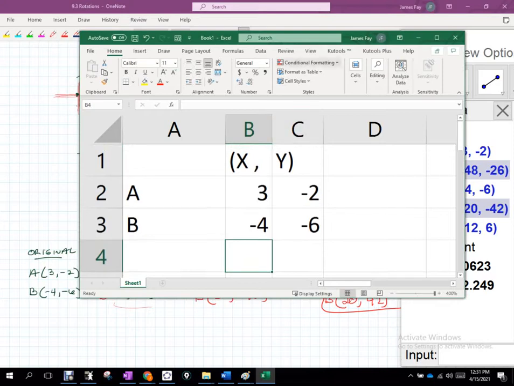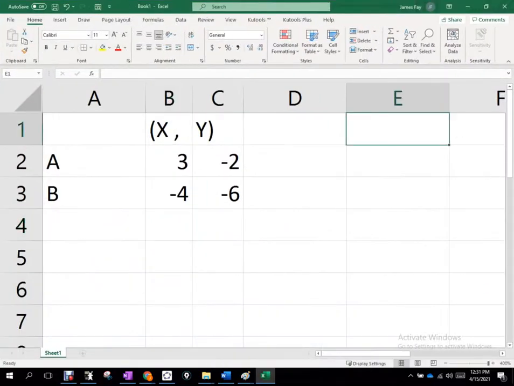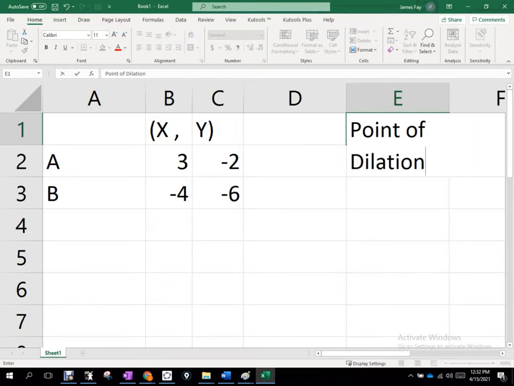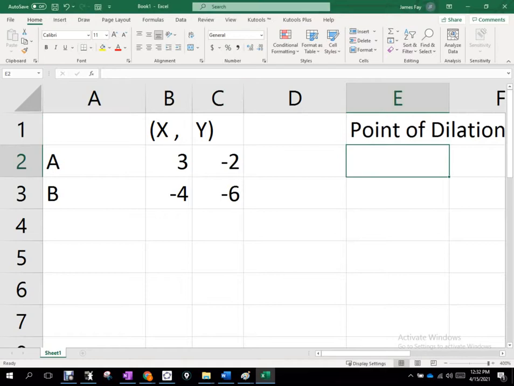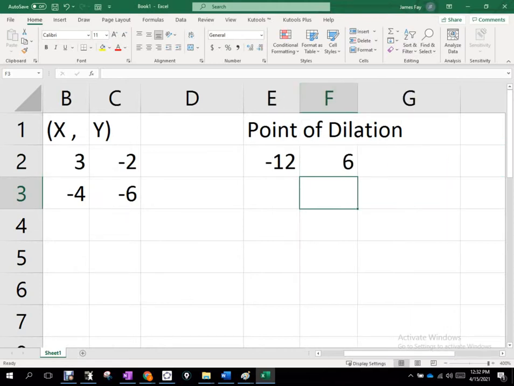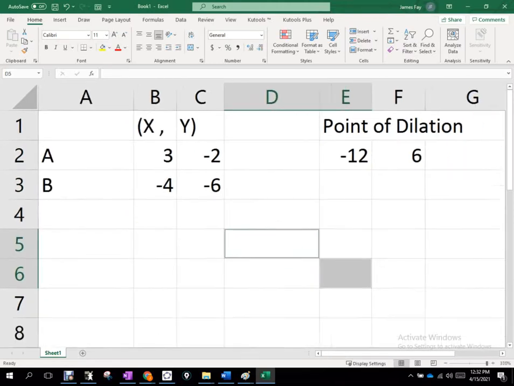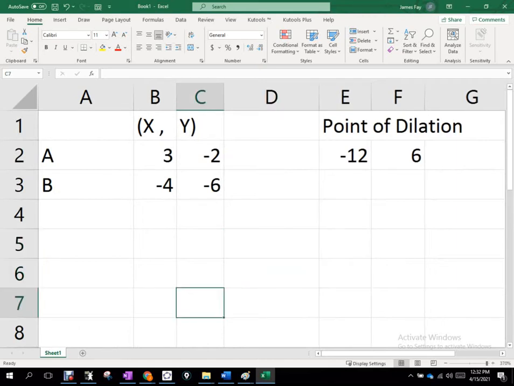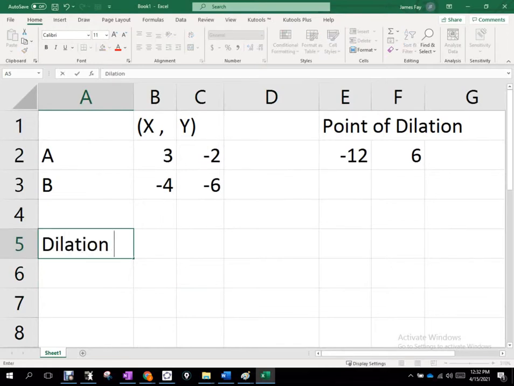Okay. I'm going to write over here our point of dilation. So our point of dilation, the x-coordinate was negative 12, and the y-coordinate was 6, right? Now let's put our scale factor, our dilation factor, right here.